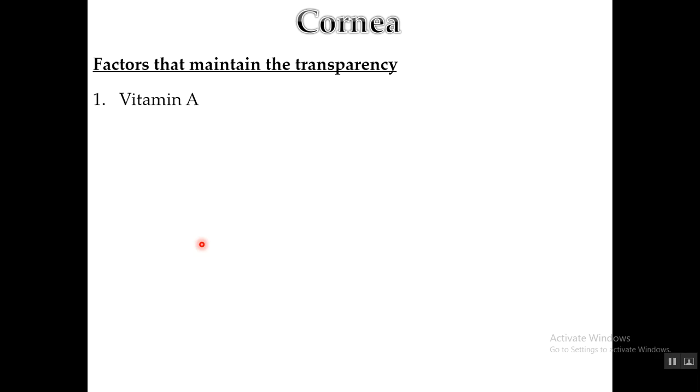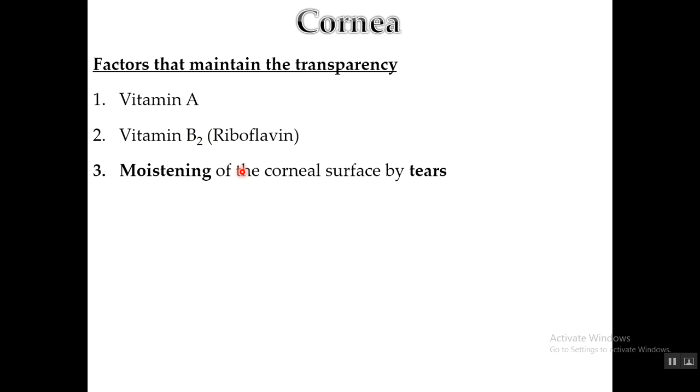We must maintain the transparency of the cornea to allow the light to enter your eye. This needs vitamin E, which is important for the healthy epithelium anywhere in your body. Number 2, vitamin B2 or riboflavin, because it is needed for the anaerobic metabolism. You need moistening of the corneal surface by the precorneal tear film.